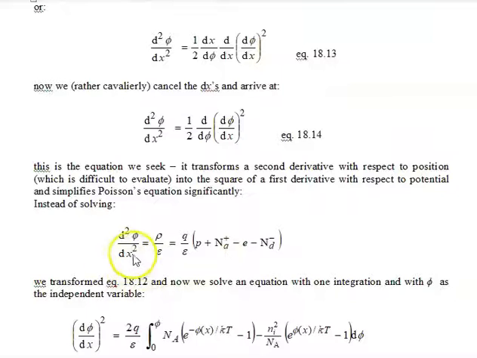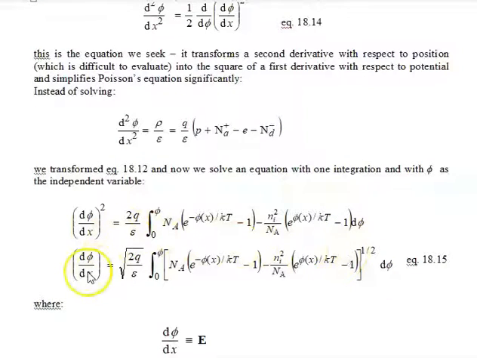So I put all that stuff in, and instead of solving this equation, of course I should say the n_t is 0, I have this equation 1815, and I integrate now with respect to phi. The electric field squared. If I want the electric field, which is what I'm going to be solving for, then I take the square root.